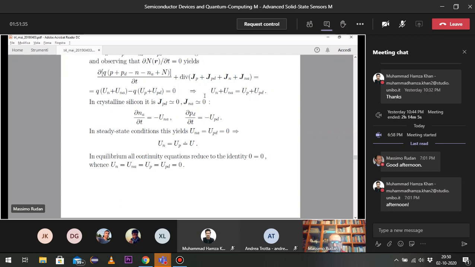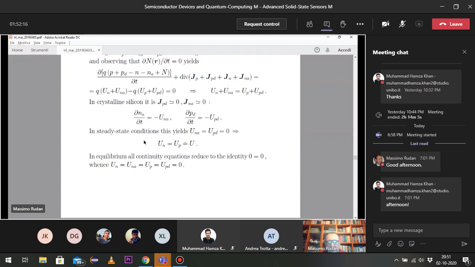And from the general relation above, we deduce that UN and UP are equal to each other. You may remember when we introduced the symbol W for the global generation recombination term, we said we are using two symbols, but at the very end, there will be only one function because they are equal to each other. Now we are approaching that point, okay? In steady state, UN and UP are rigorously equal to each other, so we can use one single symbol U, okay?